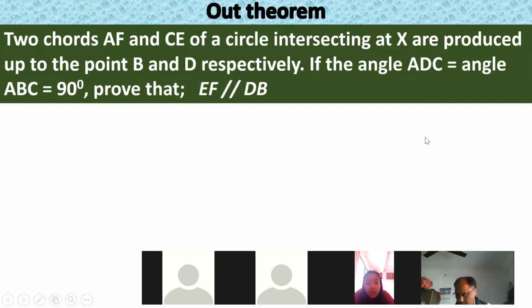Two chords AF and CE of a circle intersecting at A are produced up to the points B and D respectively. If angle ADC equals angle ABC equals 90 degrees, prove that EF equals DB. You need to construct the figure yourself and solve it yourself. If unable, then tomorrow we will discuss this theorem.